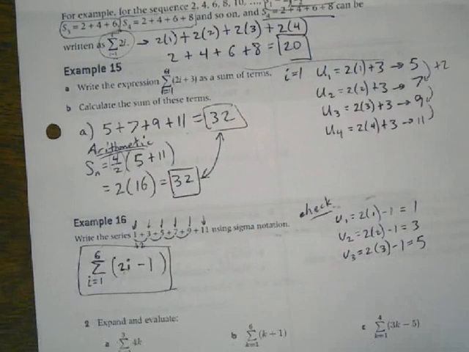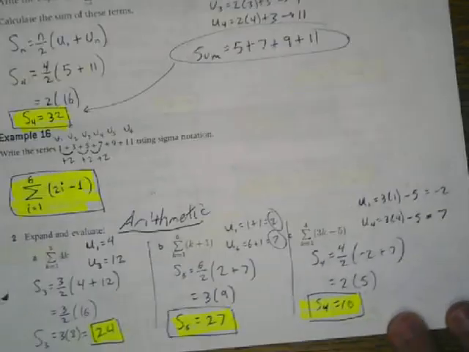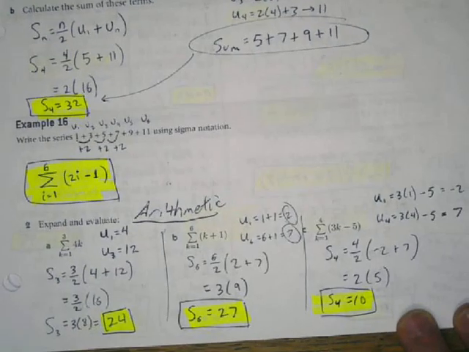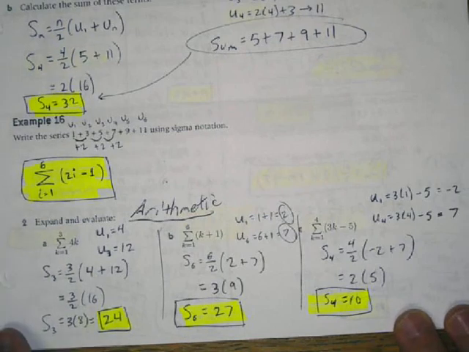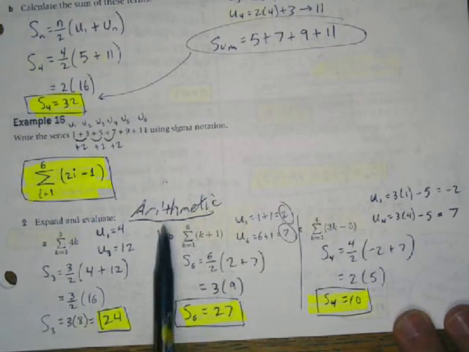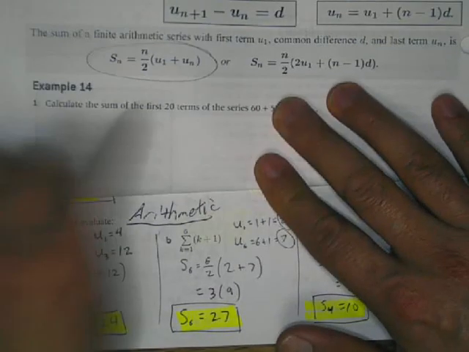Okay, so for the bottom 3 here, I'm going to show you my work, and then the rest of the worksheet we will do in a second video. Since all of these were arithmetic, I used the formula for finding the sum of an arithmetic series.